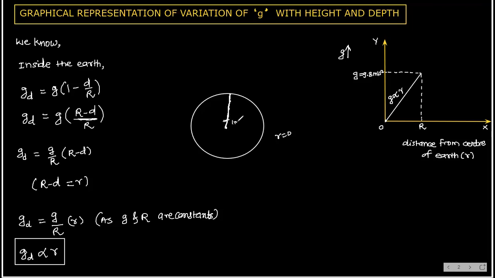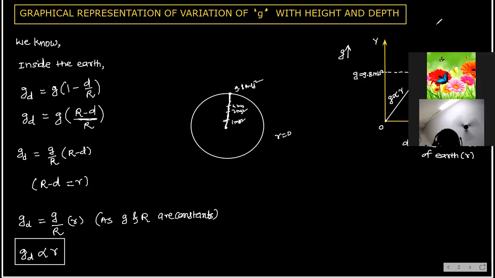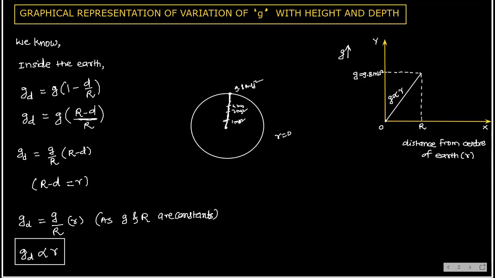Suppose here I am having 1 meter per second square. Here I will get 2 meter per second square. Here 4 meter per second square. At the surface, 9.8 meter per second square. Here at this point d is equal to R, that's why small r value is 0. Here it is a little bit more, then more, then more. Understand? Clear? Any other doubt?